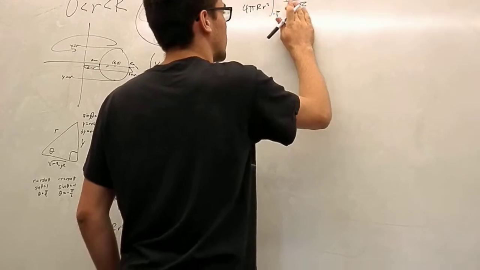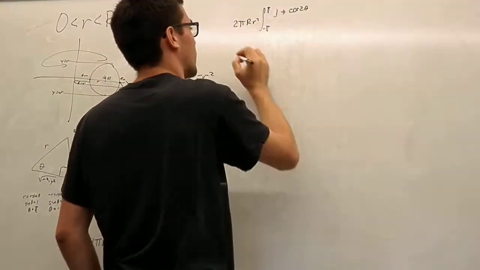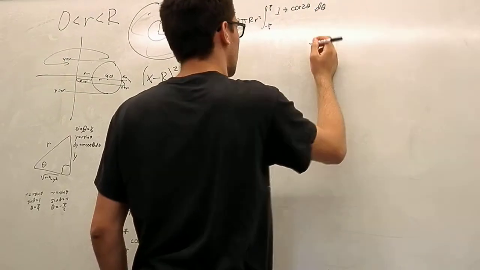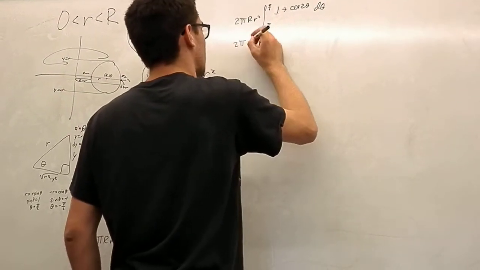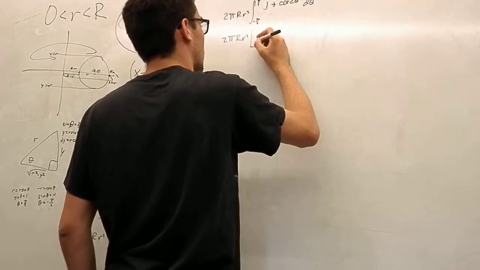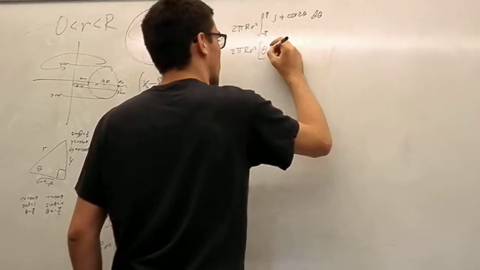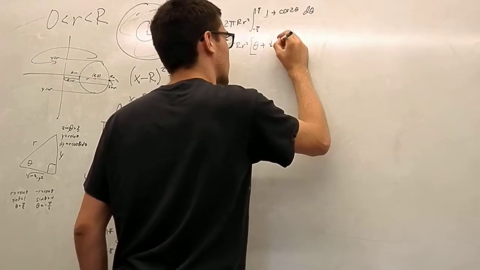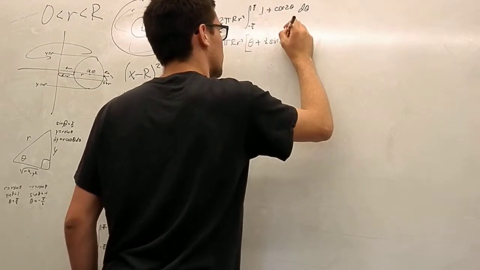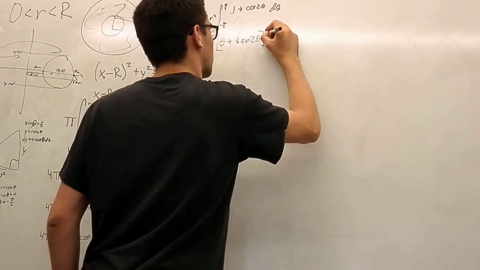And we can pull out the over 2 since it's a constant and make this 2 pi all that d theta. And then that's probably the easiest to integrate you can get. So you get that, and then theta, because that's the antiderivative of just 1, plus 1/2 sine 2 theta from negative pi over 2 to pi over 2.